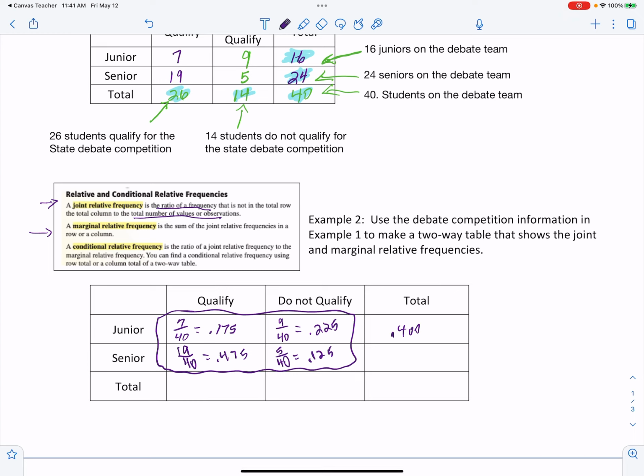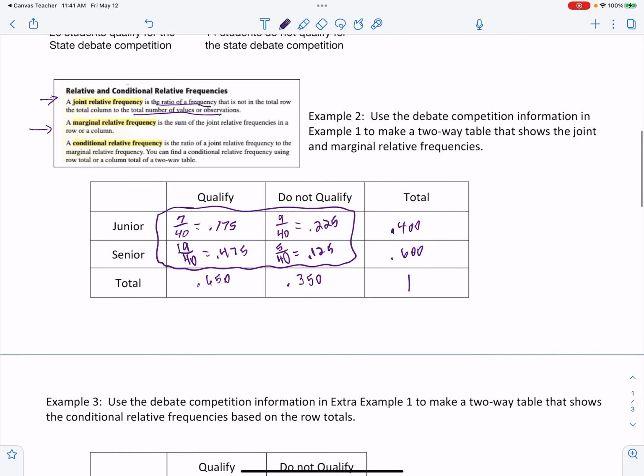We add 0.475 and 0.125, and we get 0.600. We also add the columns. The first column is 0.650, and the next one is 0.350. And then the 0.650 and 0.350 add up to 1, and the 0.4 and 0.6 add up to 1, and it needs to add up to 1 because it's representing 100%. So joint relative and marginal relative frequencies.